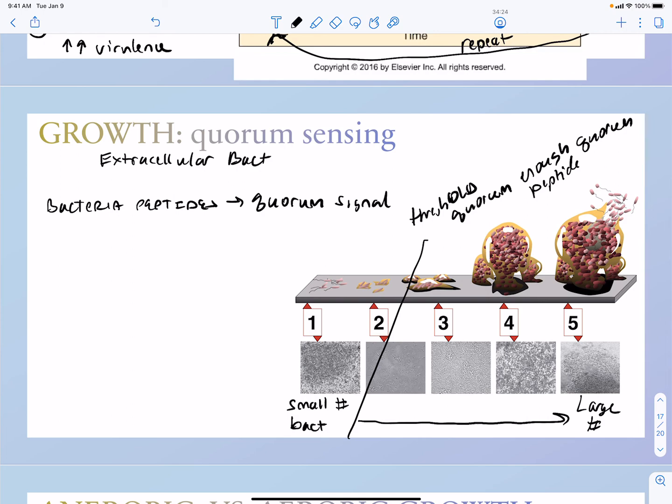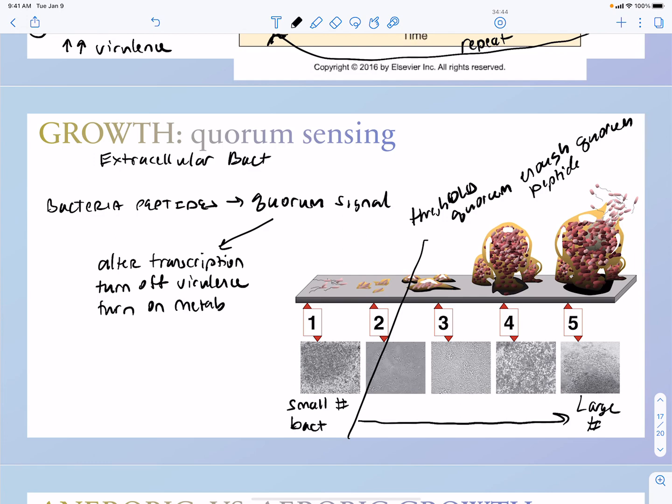Now what the quorum signal does is this is going to alter transcription. So all those virulence factors that it was making, it will turn off. So it turns off virulence and it's going to turn on metabolism. Okay, and so again, the quorum sensing is something intrinsic to the bacterium.